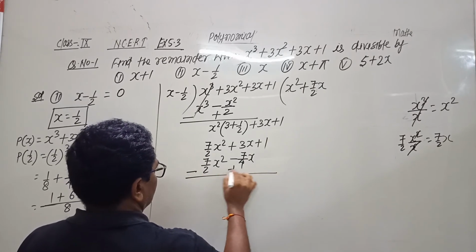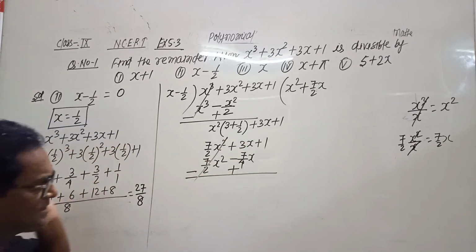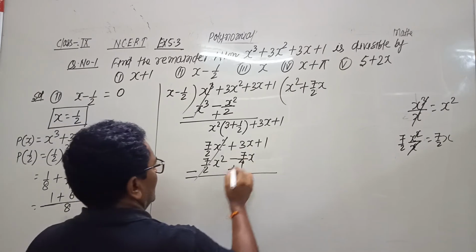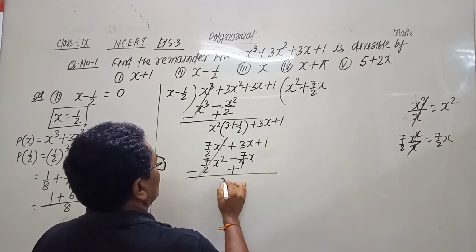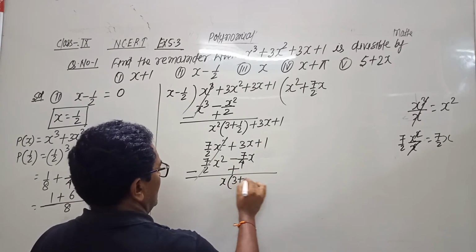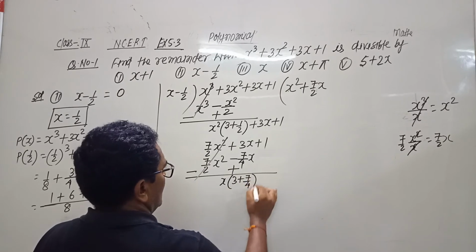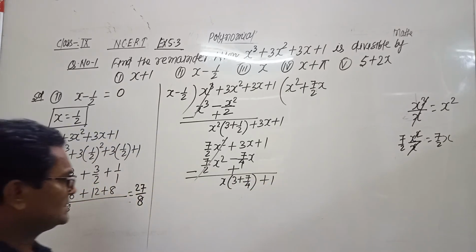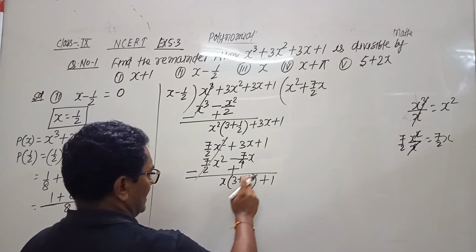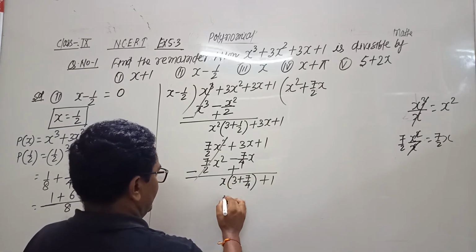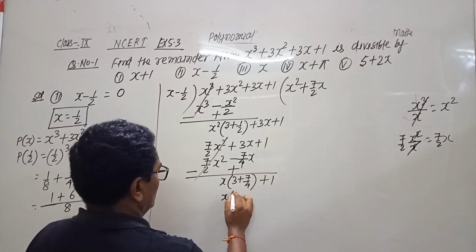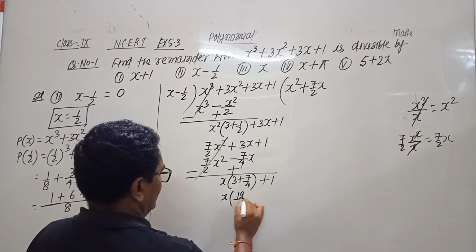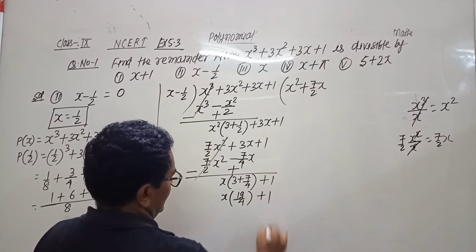Change the sign, it gets cancelled. So taking x as common, we get 3 plus 7 by 4 and plus 1. So when we solve by taking LCM, 4 into 3, 12 plus 7, 19. So x into 19 by 4 and plus 1.